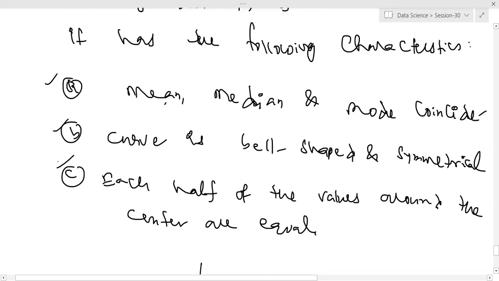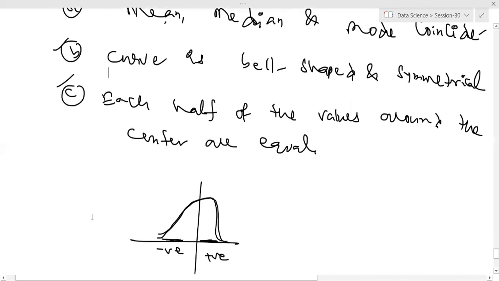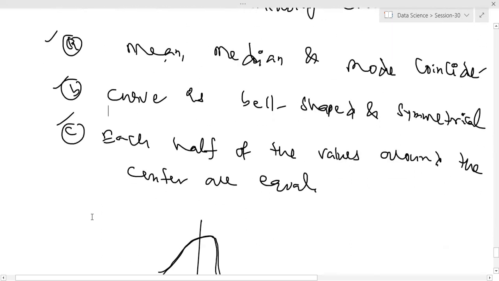The versatility of the normal distribution compared with the other distributions is that the observations help us verify the mean value, median value, and mode. And of course the curve is a bell-shaped curve, which gives us an understanding of how the values are spread over in a particular distribution.